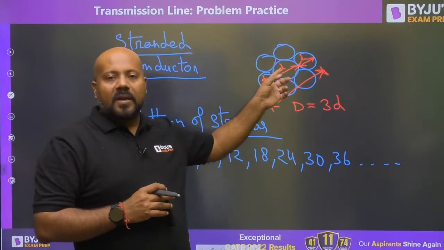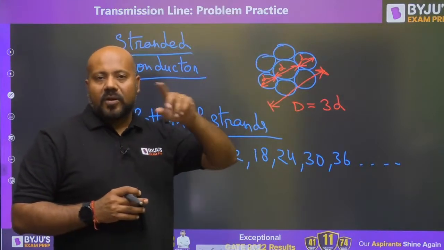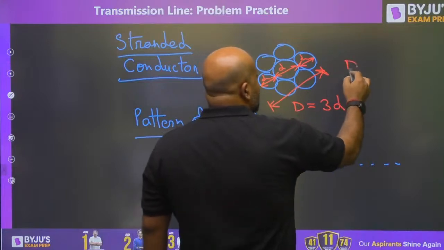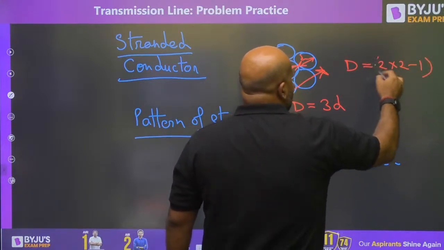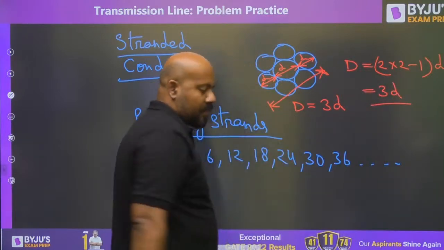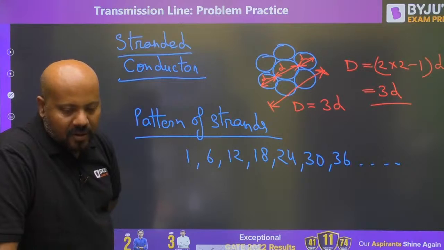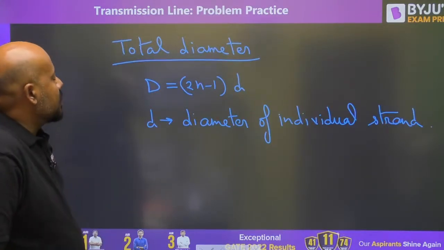The core strand stands for the first layer. The next one is the second layer. So in total there are 2 layers. So if I write the formula, D is equal to (2 into 2 minus 1) d, and this comes out to be 3d. Is it clear, everybody? Just tell me in the comment section. Are you able to follow this?